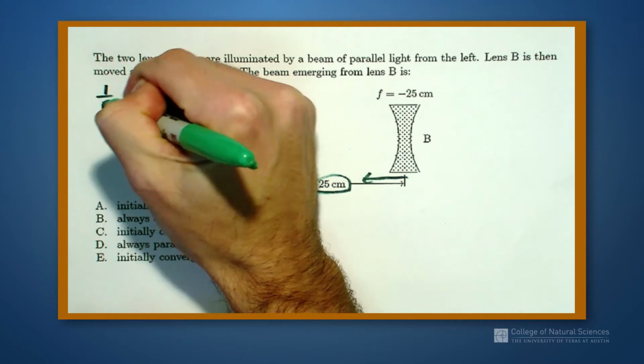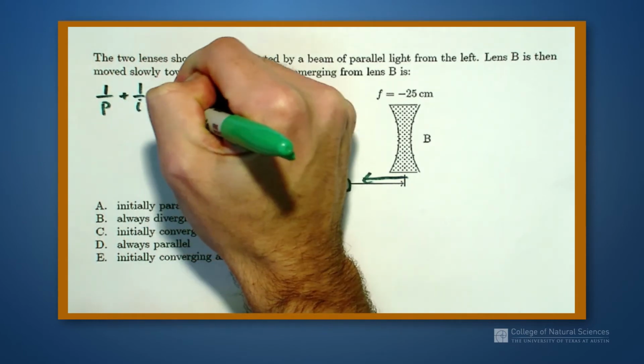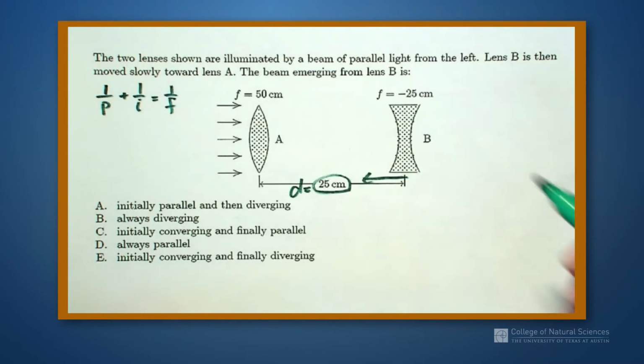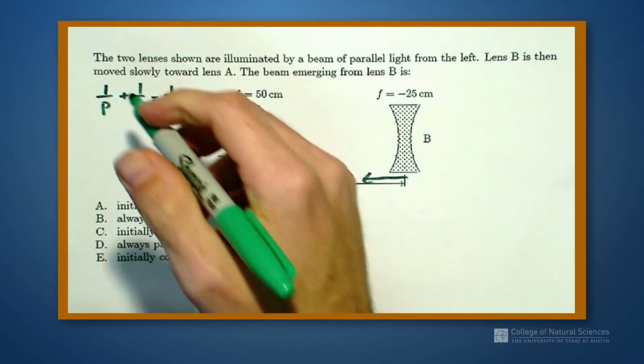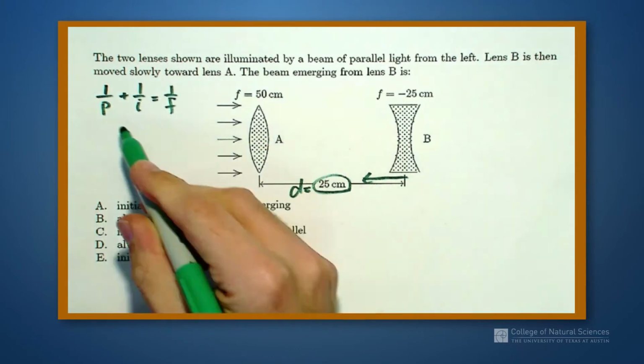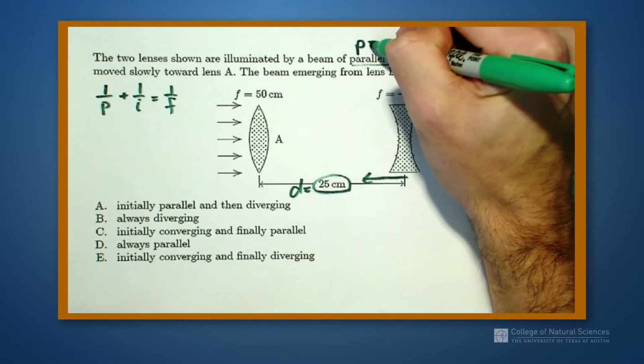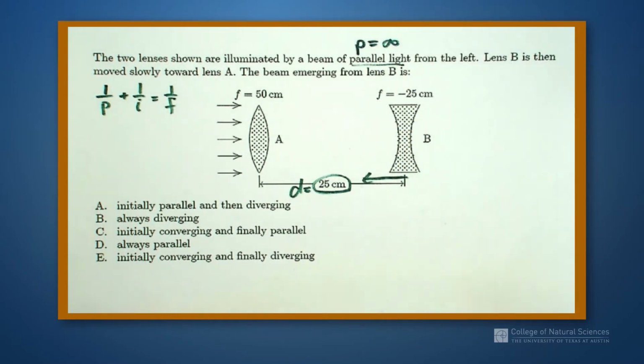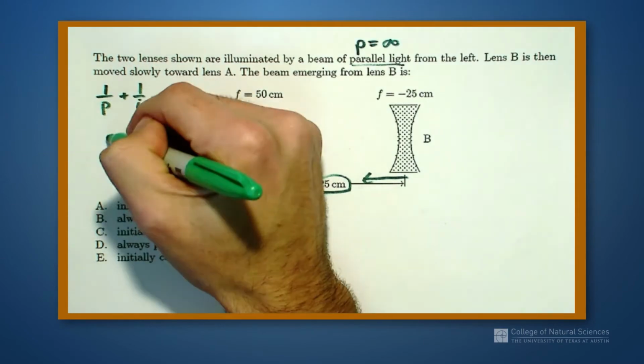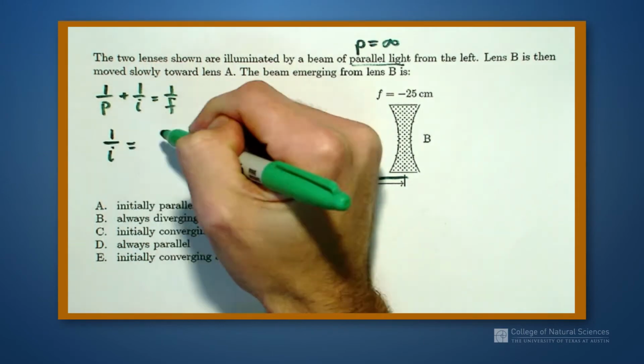So the first part that I'm going to do is I'm going to look at this first lens. And I know that with any lens, 1 over p plus 1 over I is equal to 1 over f. And my original distance to my object, because my light is coming in parallel, this is going to imply that my original distance is infinite. So that means 1 over I is equal to 1 over f.